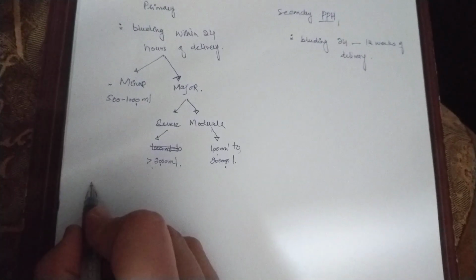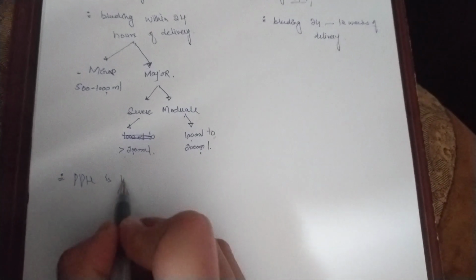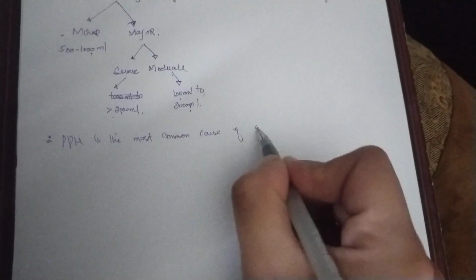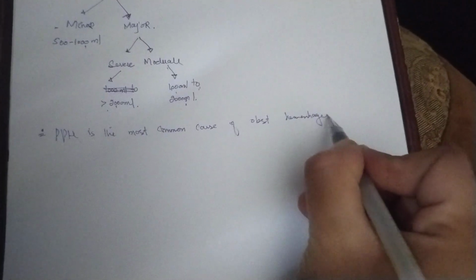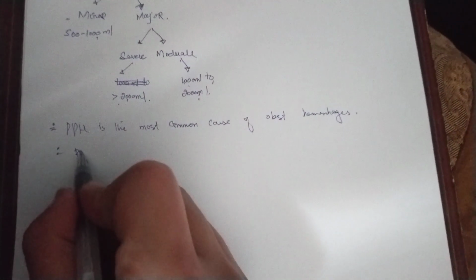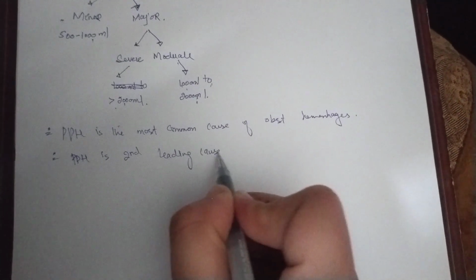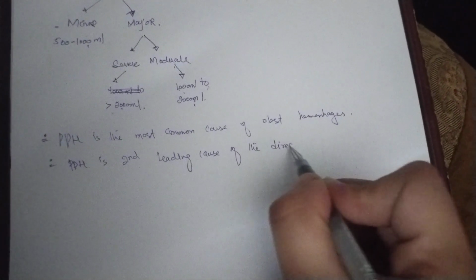Then there are some points which I would like to mention: PPH is the most common cause of obstetrical hemorrhages, and PPH is the second leading cause of direct maternal mortality.